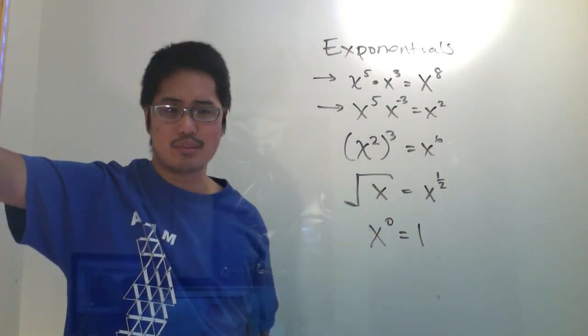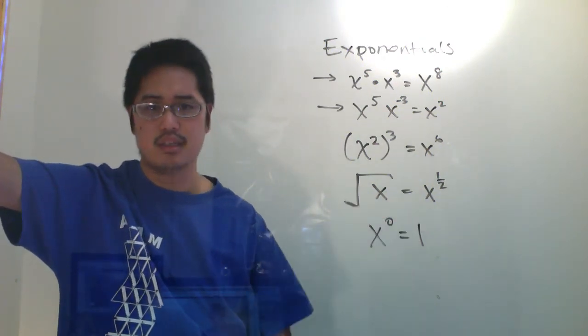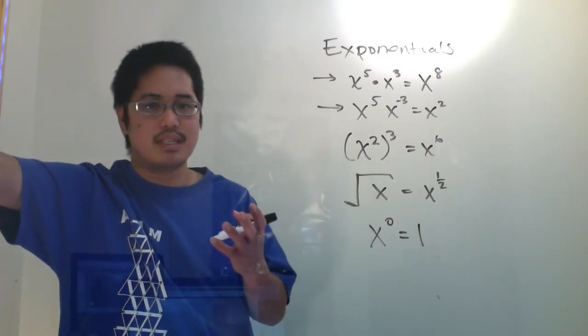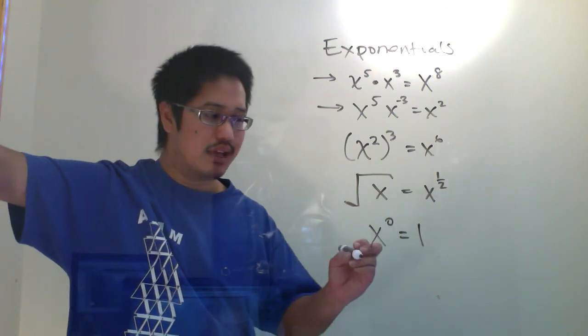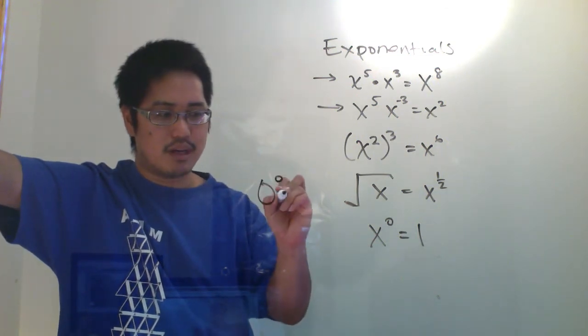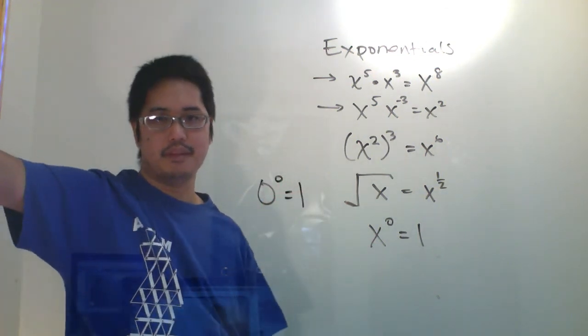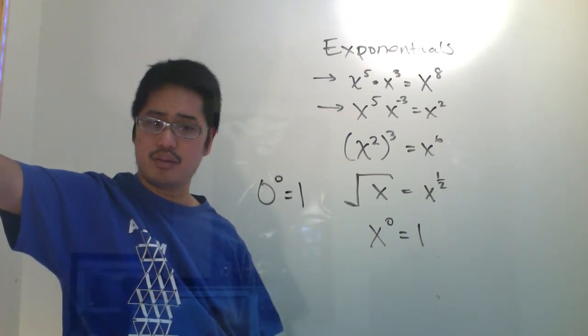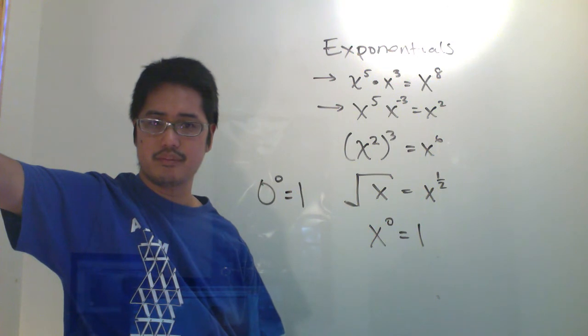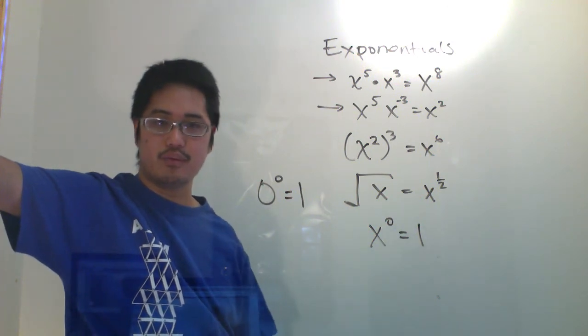And I really hate just following an equation and going, look at this. But for now, just accept that anything to the 0th power is equal to 1. You know what the crazy thing is? Even 0 to the 0th power is equal to 1. I know, it's crazy. But anything to the 0th power is equal to 1.